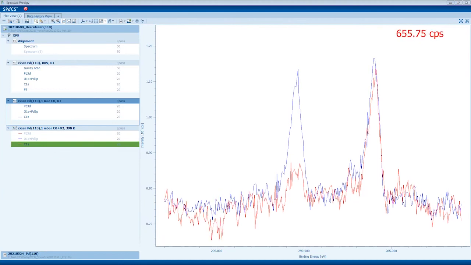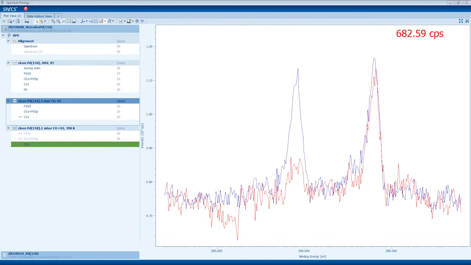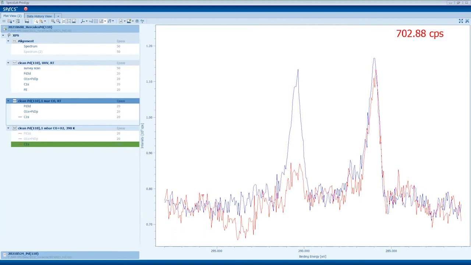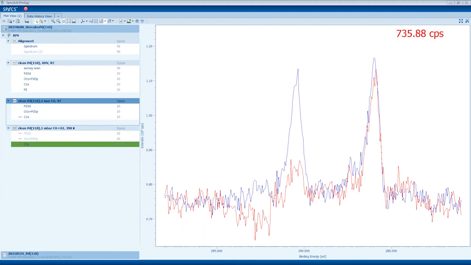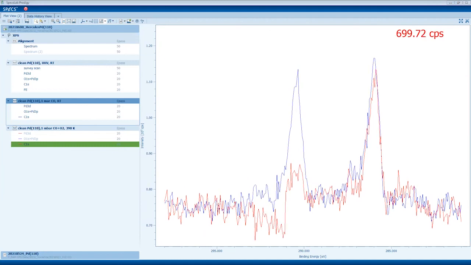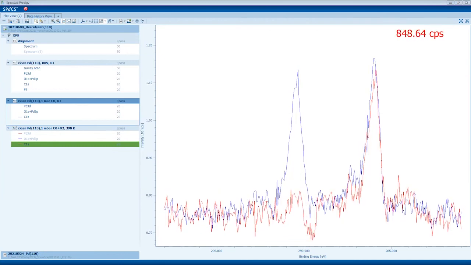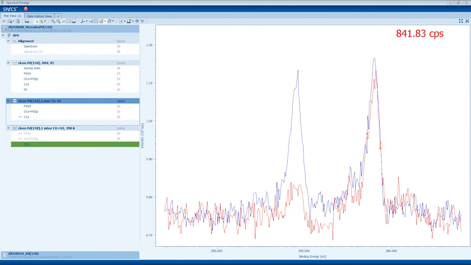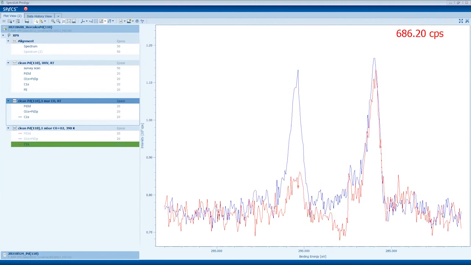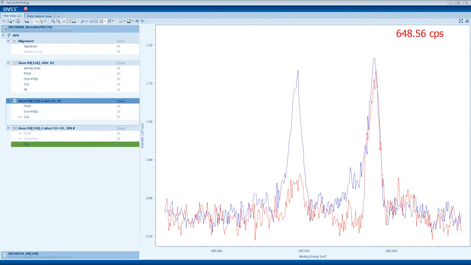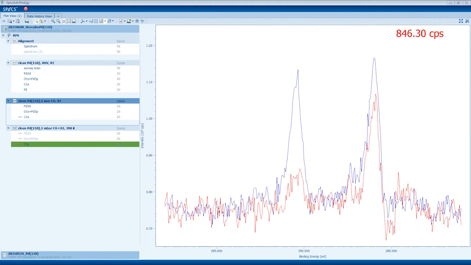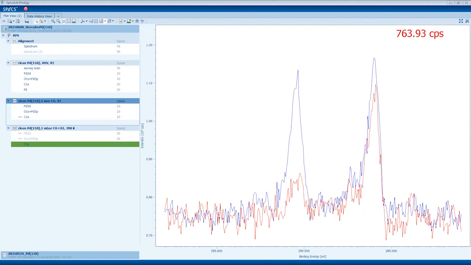Then you can decrease the probing depth by changing the photon energy. It brings some other problems, like stronger absorption by the gas, so the signal is much more absorbed when you have lower kinetic energy of the photoemission electrons. However, you can have a much better signal from these chemisorbed layers, so the signal is not so noisy.